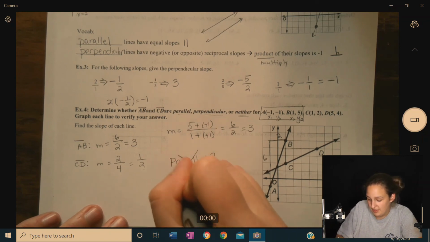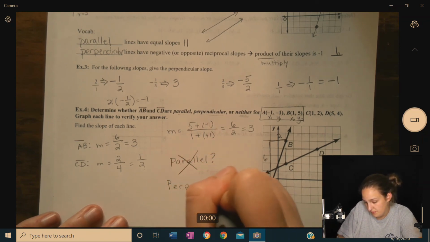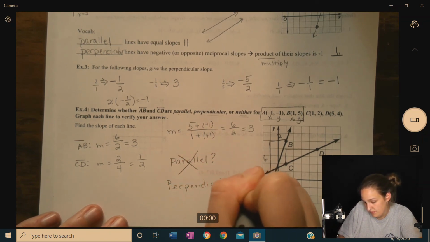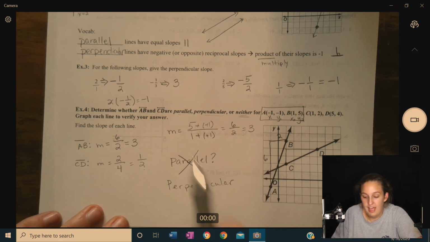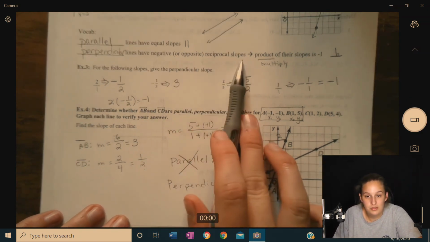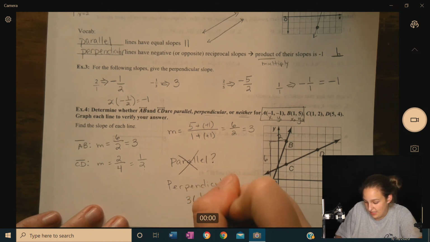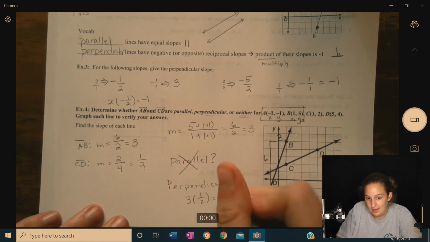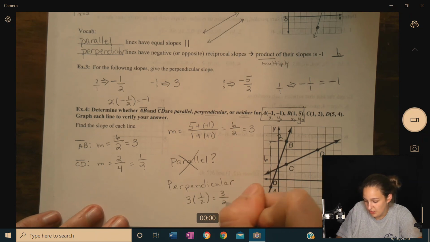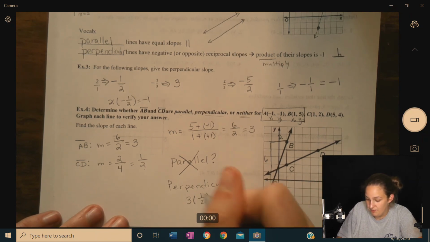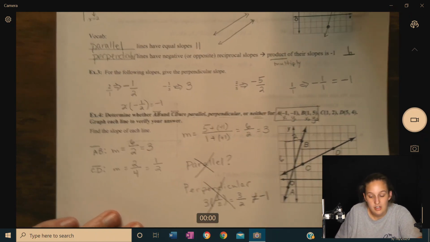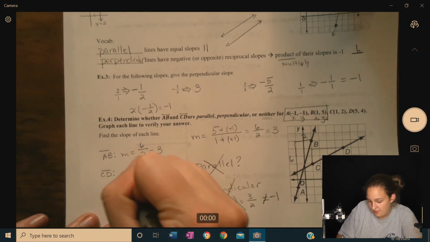What about perpendicular? Well, to be perpendicular, they have to have opposite reciprocal slopes. Or if you multiplied them together, you would get -1. Well, 3 times 1/2 is 3 over 2, which is not equal to -1. They're not perpendicular, so these are neither.